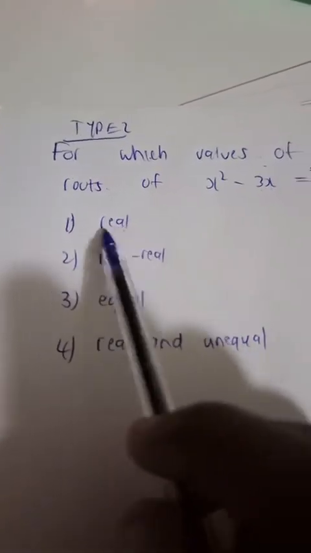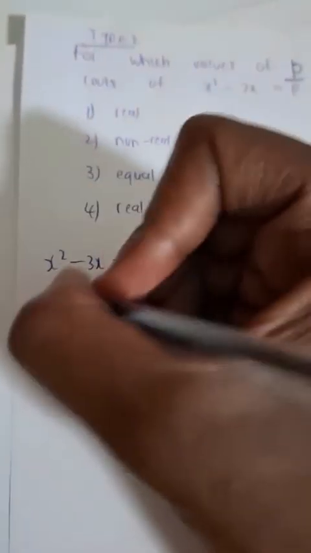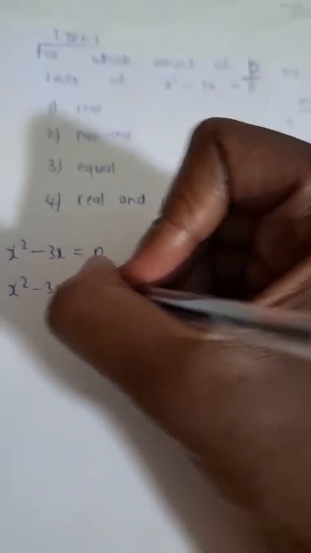Right, so we are going to first look at this condition of the roots, which is real. So step number 1, write the equation in standard form. There is our equation. Let's write it down. x squared minus 3x is equal to p. That is not in standard form yet, so let's make it standard form. x squared minus 3x, we transpose p, we get minus p is equal to 0.